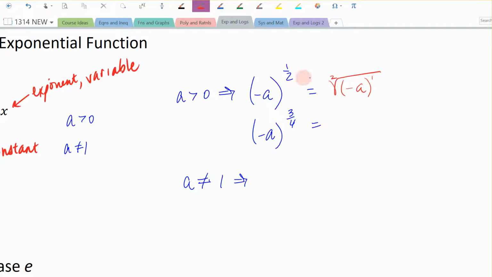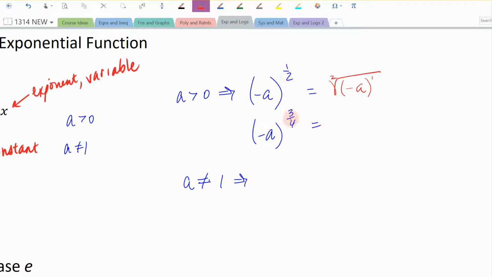The denominator is the index and the numerator is the power. That's how we would write that. Well, can I take the square root of a negative number? No, I can't. So negative a to the 1/2 does not result in a real number.